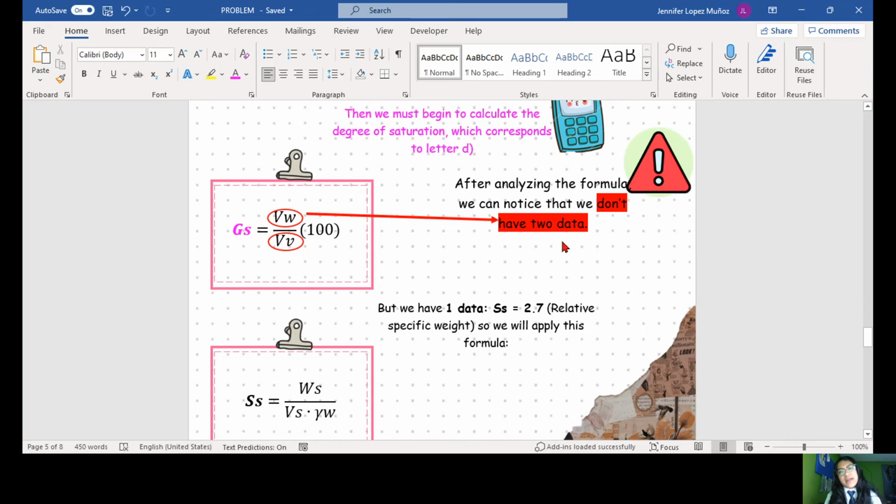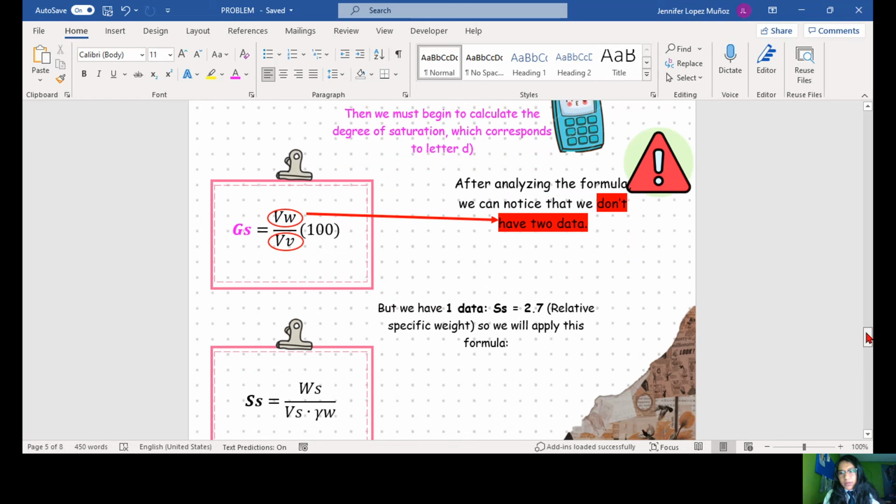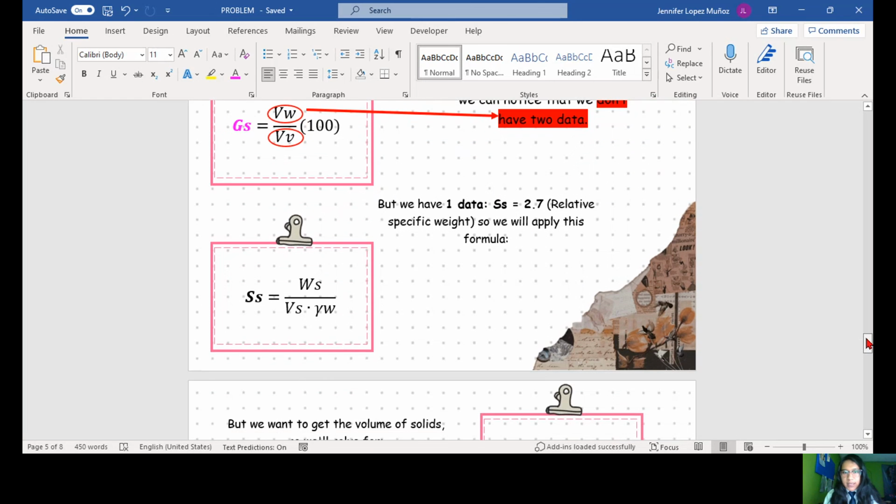But after analyzing the formula, we can notice that we don't have two data because the problem doesn't ask for them.